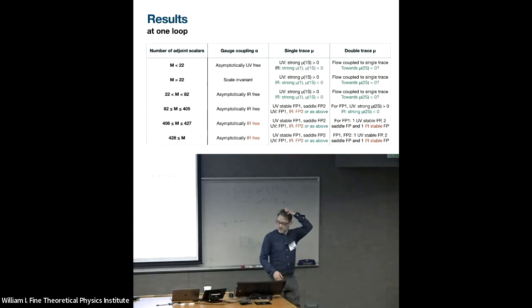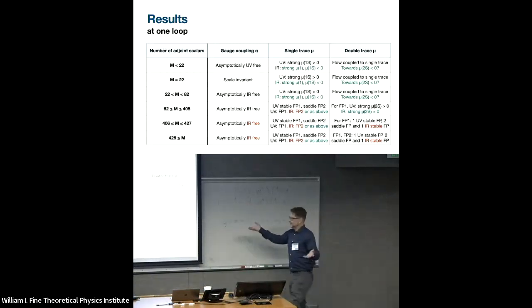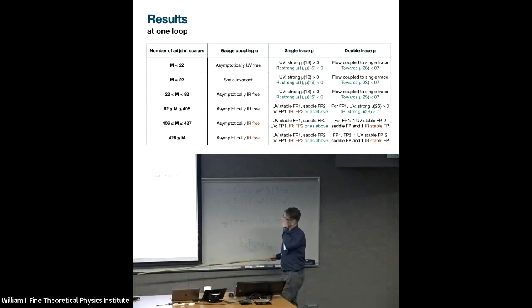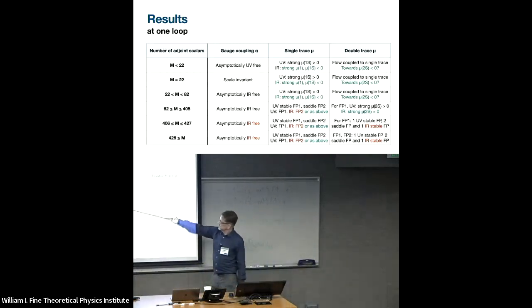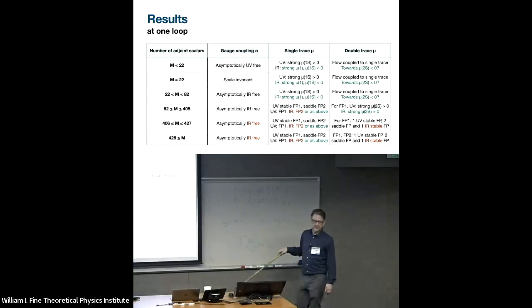Here, I just have to admit that it's not very beautiful. This is the result, in a sense a summary of the result, I would say. You can see the gauge coupling, how it behaves depending on M, and the single trace couplings and the double trace couplings. Lots of different special cases.